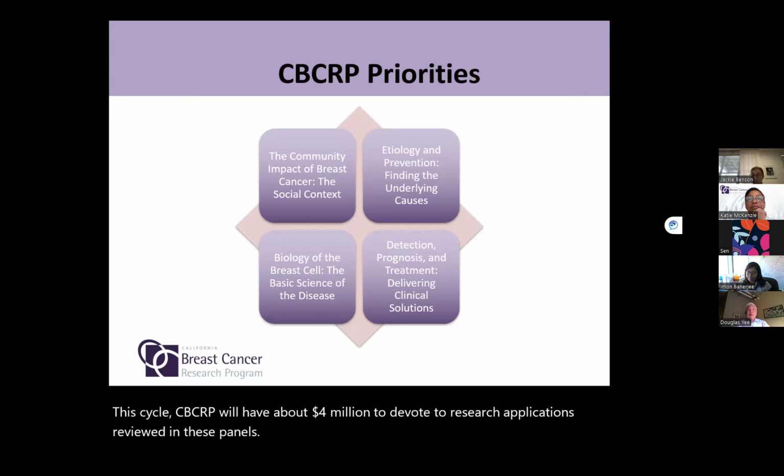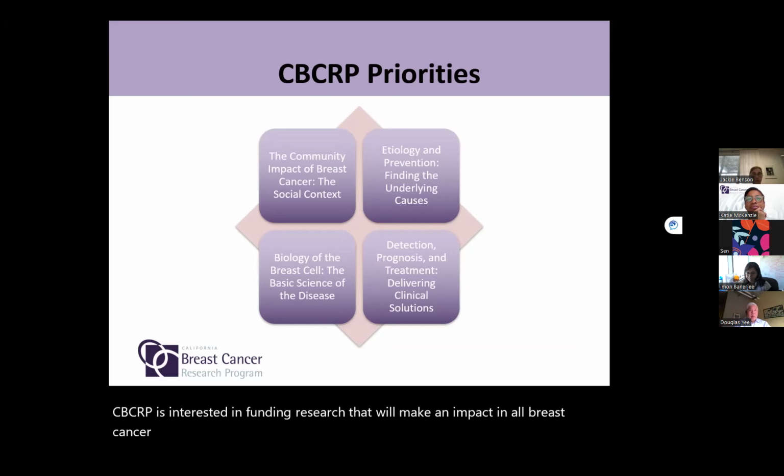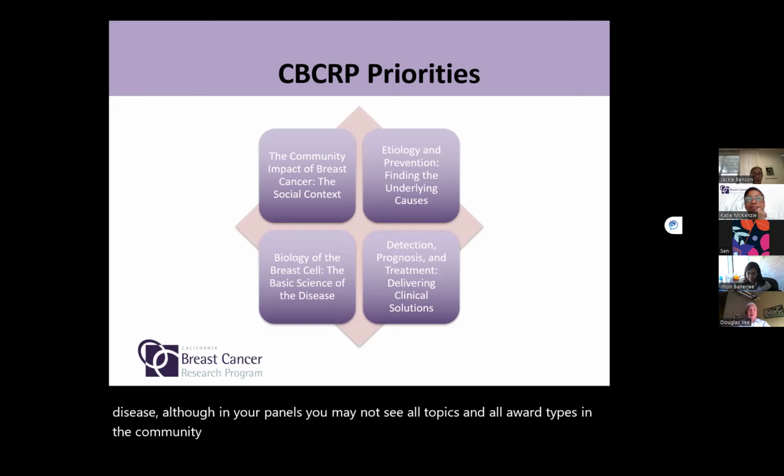CBCRP is interested in funding research that will make an impact in all breast cancer topics. So you'll see that our priority areas cross the spectrum of the disease, although in your panels, you may not see all topics. All award types in the community impact priority issue are being reviewed in the Community Impact panel.